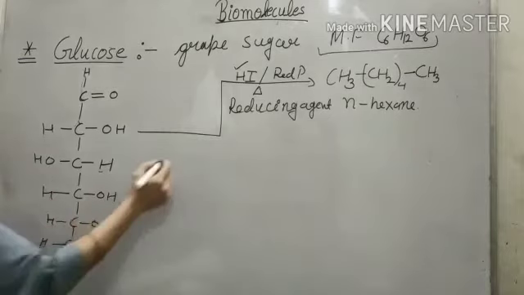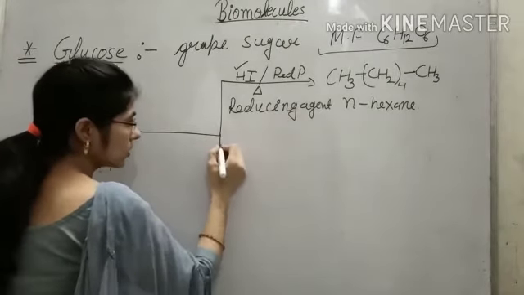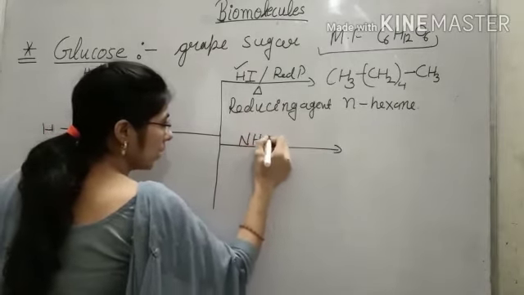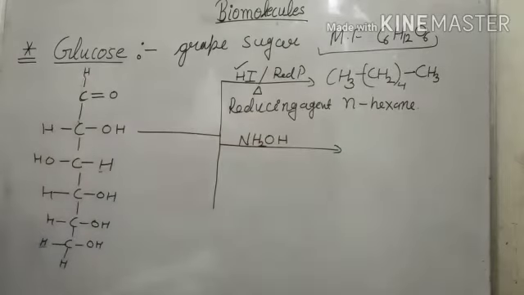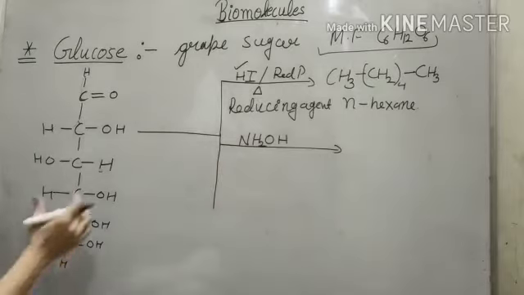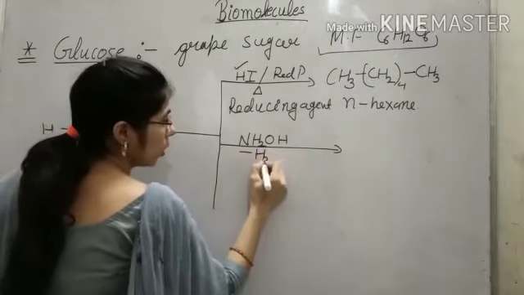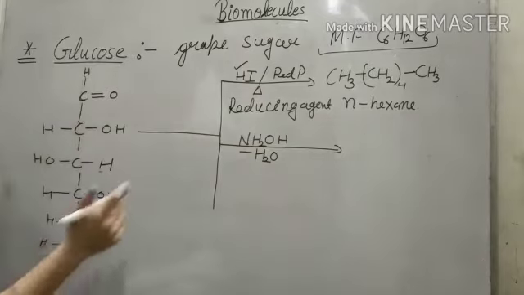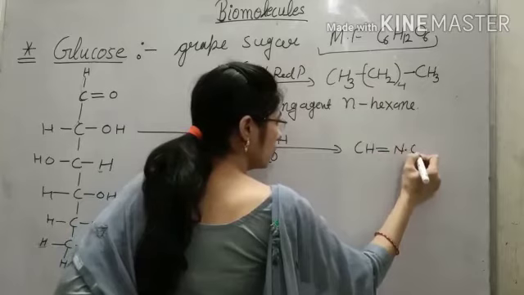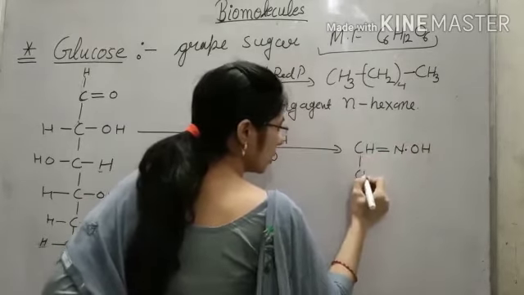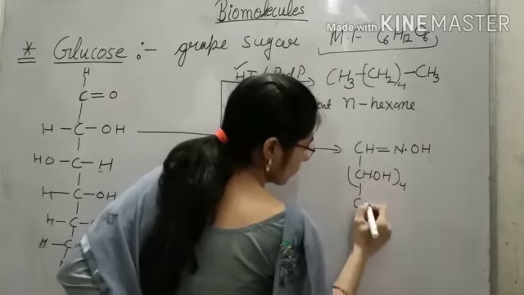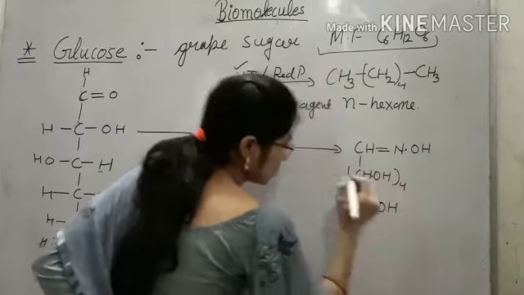When glucose is heated with hydroxylamine, NH2OH, it forms an oxime with the loss of a water molecule: CH=N-OH, CHOH four times, CH2OH.